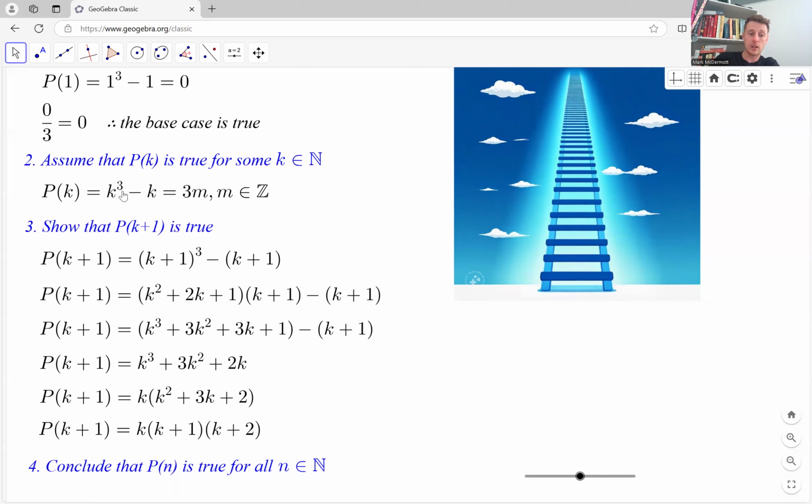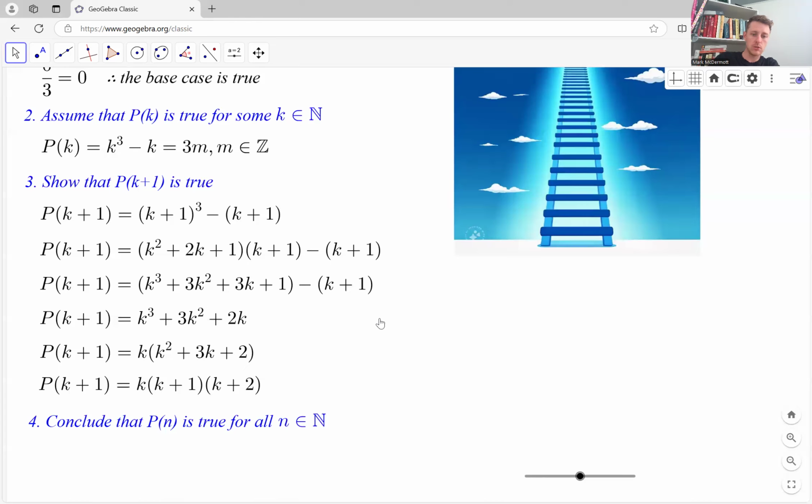Alternatively, we could have recognized k cubed minus k appearing somewhere here, and since we're assuming it equals 3m, we could have substituted that in. But I think this is a satisfactory step. Let me know if you think otherwise.